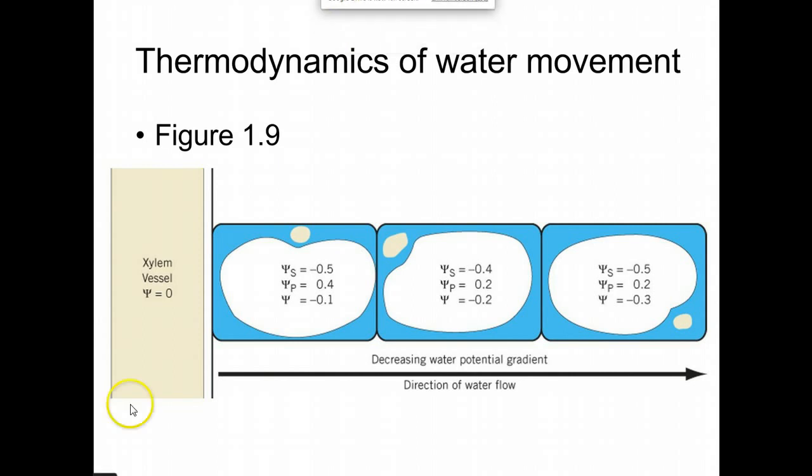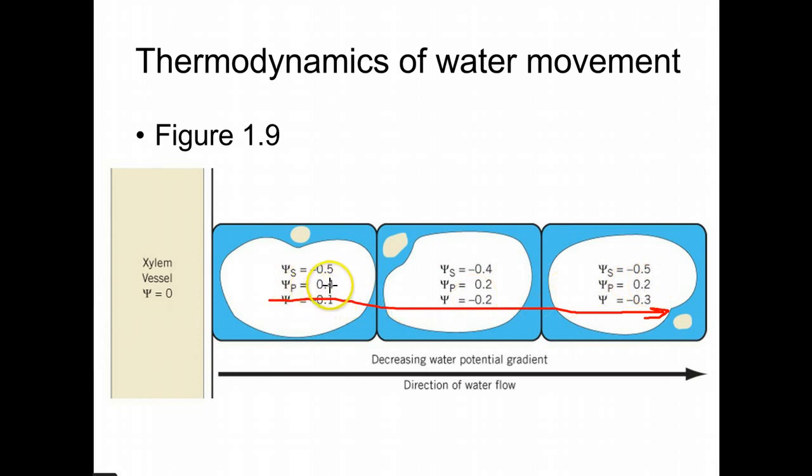So how do we move water through a series of cells? Well, let's look at this. The bottom line is that the total water potential is following this gradient. But we have different values of pressure here.